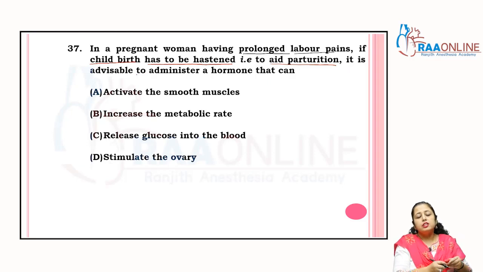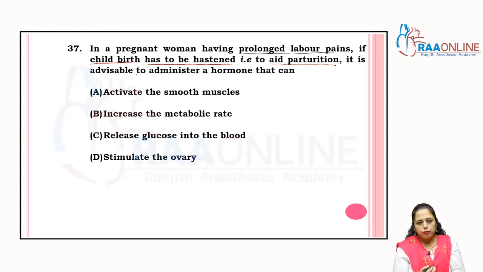See here, sometimes the pregnant female after a prolonged labor pain is not able to give birth to a child, right? So what will we do, right? If the female gets unconscious, it will be harmful for the child and the female also.